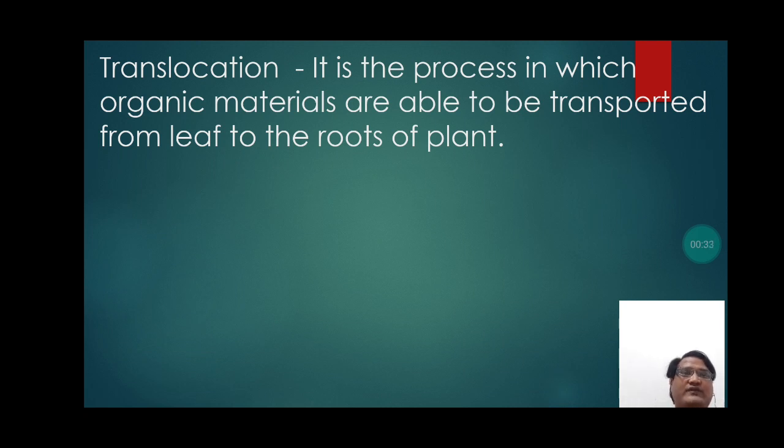It is a process in which organic materials are able to be transported from leaf to the roots of plants.